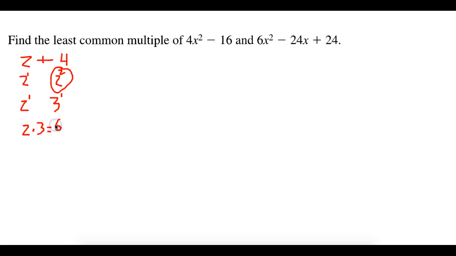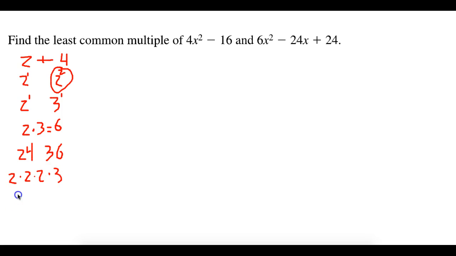Now, let's try a little bit higher of a number. Let's do 24 and 36. We're trying to find the least common multiple of 24 and 36. We can break 24 down into 2 times 2 times 2, which gives us 8 times 3.